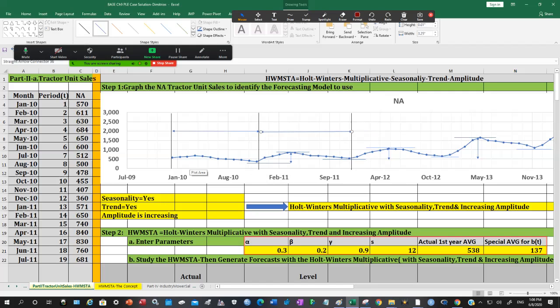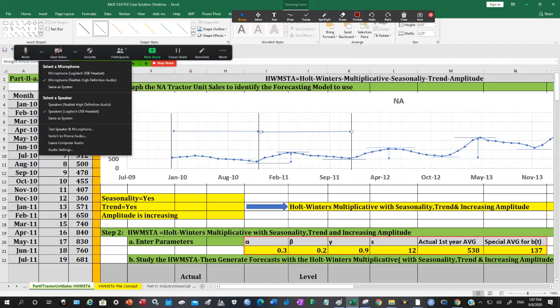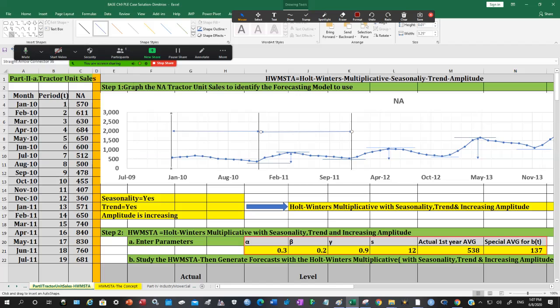And this goes slightly upwards in the beginning, and then it takes off. So you see that you have a trend. So we have seasonality, okay? We also have a trend because this graph goes at an angle, okay? And then we have the amplitude is increasing.